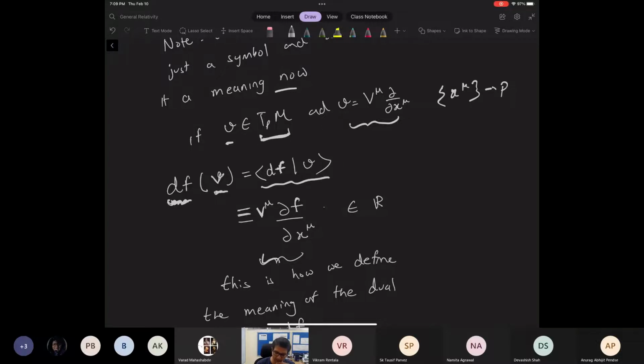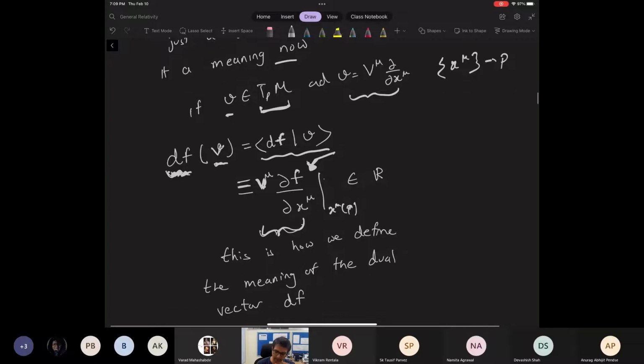By definition, we choose this inner product to be v mu times partial f partial x mu, evaluated at the point P, or at the point x mu of P. This belongs to the real numbers.